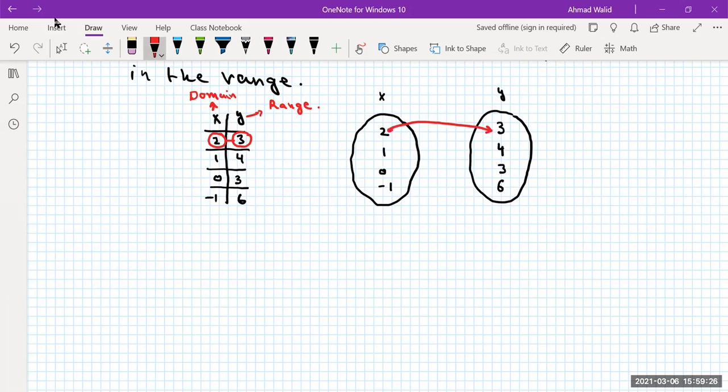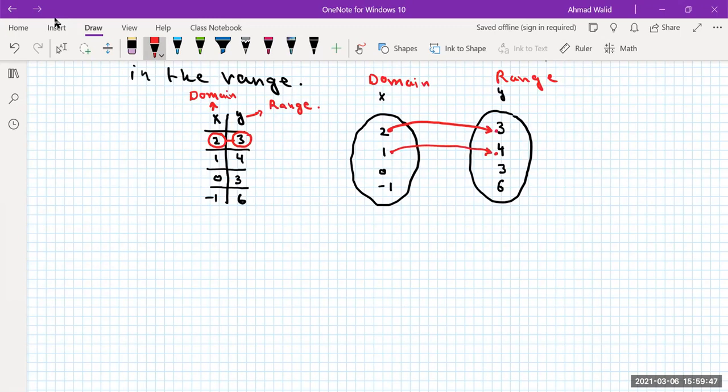One element in the domain corresponds to exactly one element in the range. When X is 1, Y is 4.